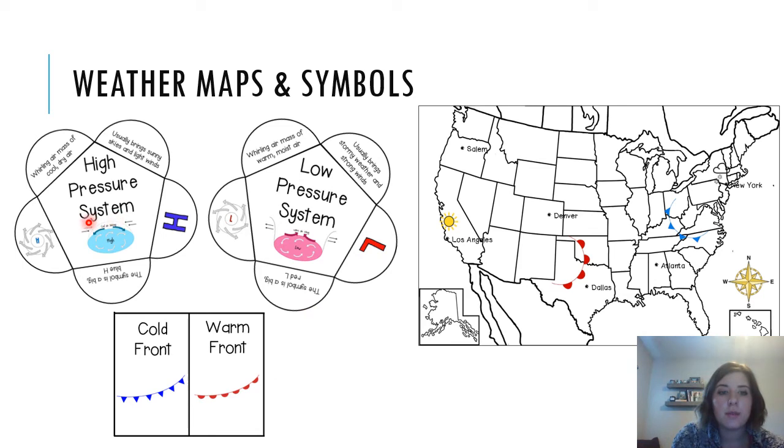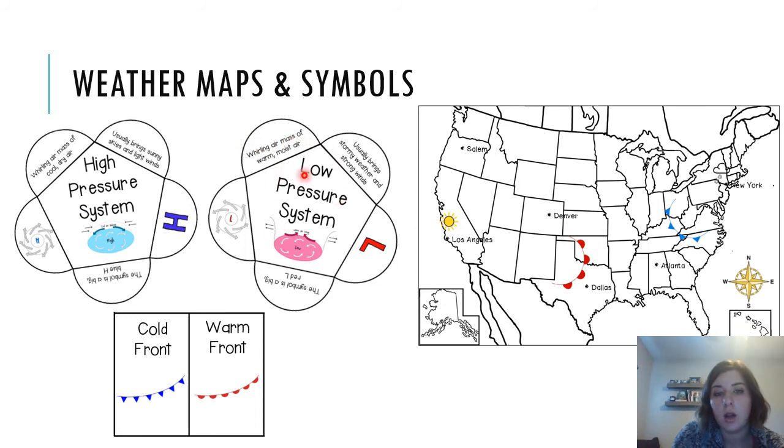We also have something called high pressure systems and low pressure systems. And you'll see these marked by a big blue H or a big red L. A high pressure system is going to be a whirling air mass of cool, dry air. So if it's a high pressure system, that means we're probably going to have sunny skies and light winds.